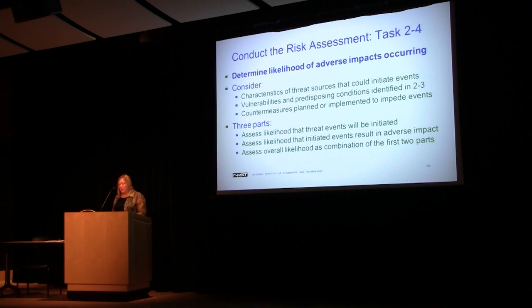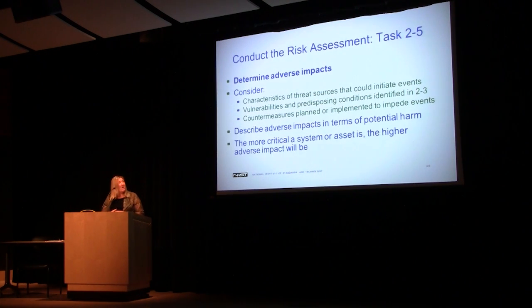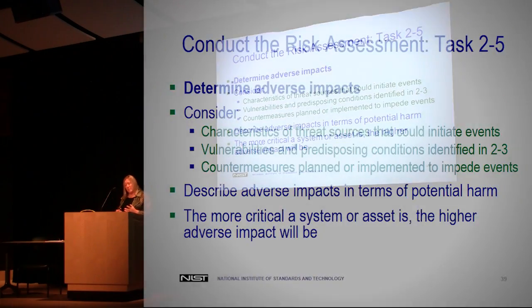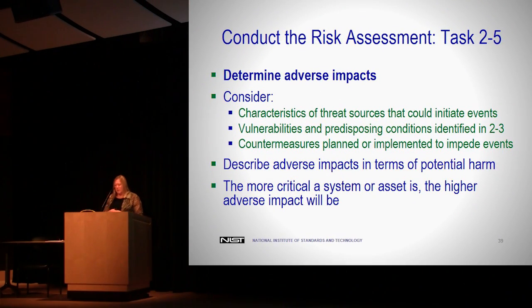And then we come to task 5 and determine the adverse impacts. Again, we consider similar things that we considered for the likelihoods. We can consider those characteristics again. We consider the vulnerabilities and predisposing conditions that we already determined, and what countermeasures we have planned to implement or implemented to impede the events.